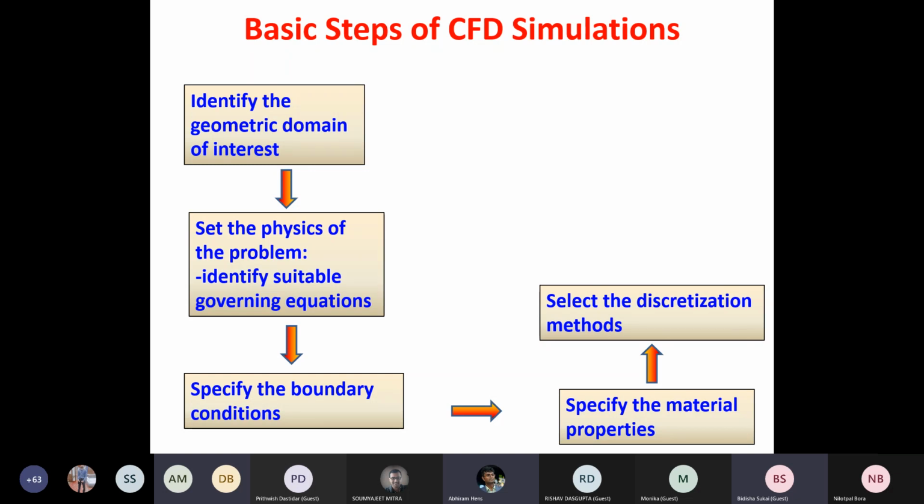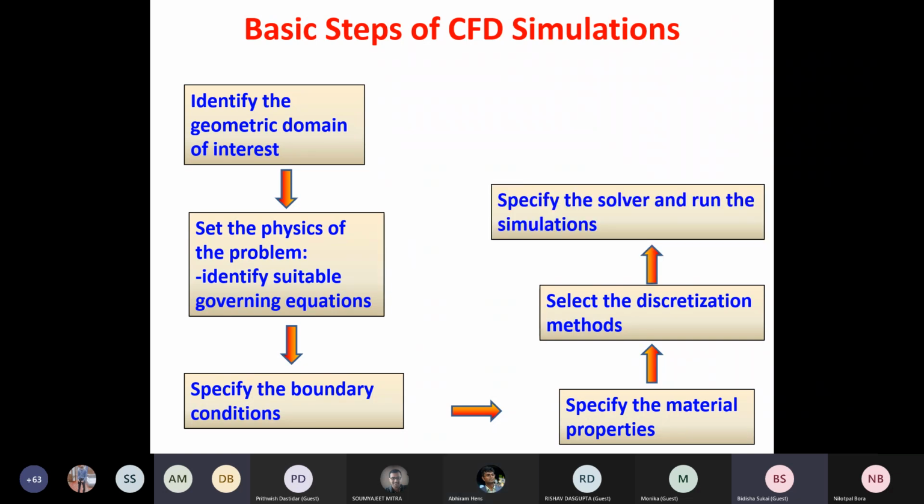For example, ANSYS Fluent is written with finite volume, and COMSOL Multiphysics is written with finite element. It is already written there. But if you would like to write your own code, you have to find out what method will be suitable for you.